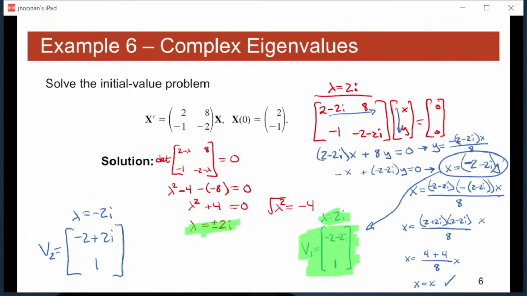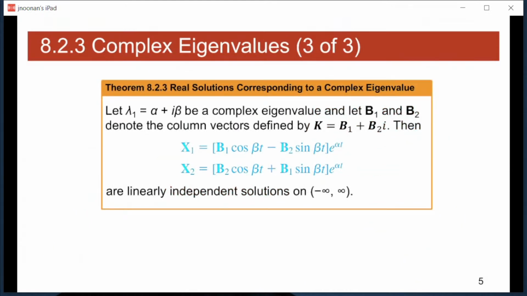Because the other one is just the opposite, or the conjugate. So what you do is you put these things together into this solution, and the solution is going to involve the eigenvector written in complex form.